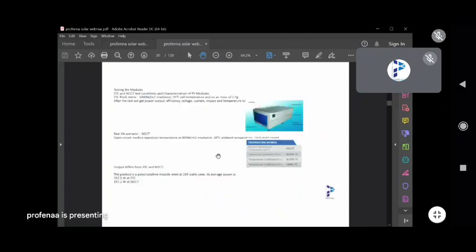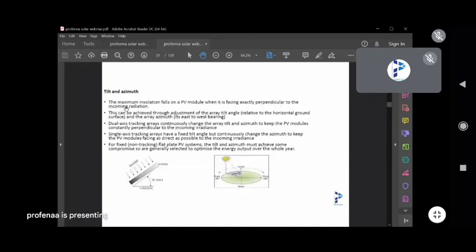Based on the variation of efficiency, I am showing here. See, these are the tests. This is standard temperature control. For example, someone will ask a question: if the temperature of the panel rises, what is the efficiency? Efficiency will come down. It means the illumination matters: if you are getting good illumination, you will get good efficiency, not temperature. Tilt and azimuth are very important.